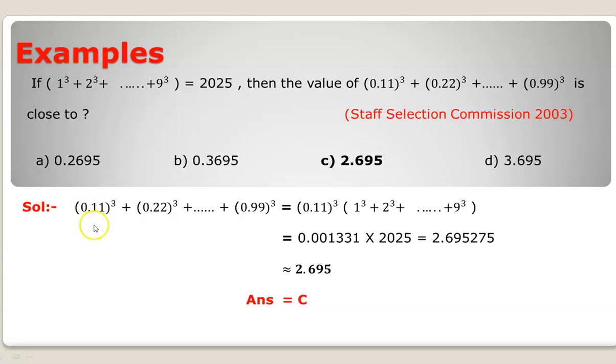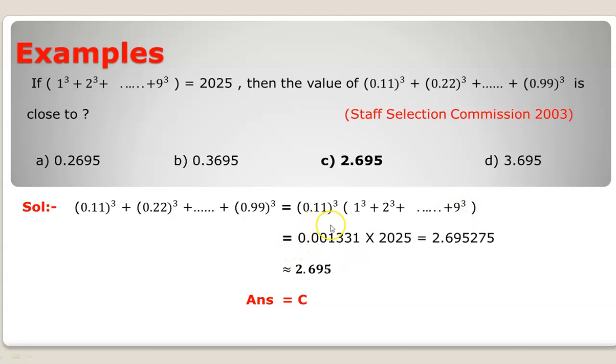In this type of example we use simple mathematical logic: 0.11 is a common term in all of the series. That's why we take 0.11 bracket cube outside as common, and the remaining terms in the bracket are 1 cube plus 2 cube and so on up to 9 cube.